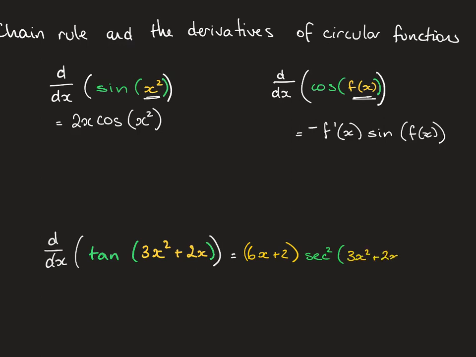Or if we wanted to do it as our 1 on cos squared graph, it will be the derivative of the inner function over cos squared and then the original function itself. Either of these is fine. You don't need to know, as I said, what sec squared is. The most you need to know is that sec squared is 1 on cos squared. That's all.